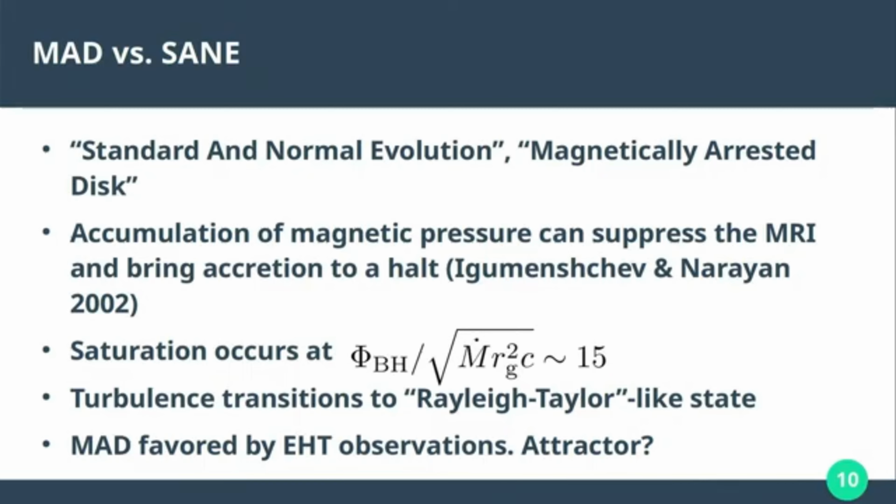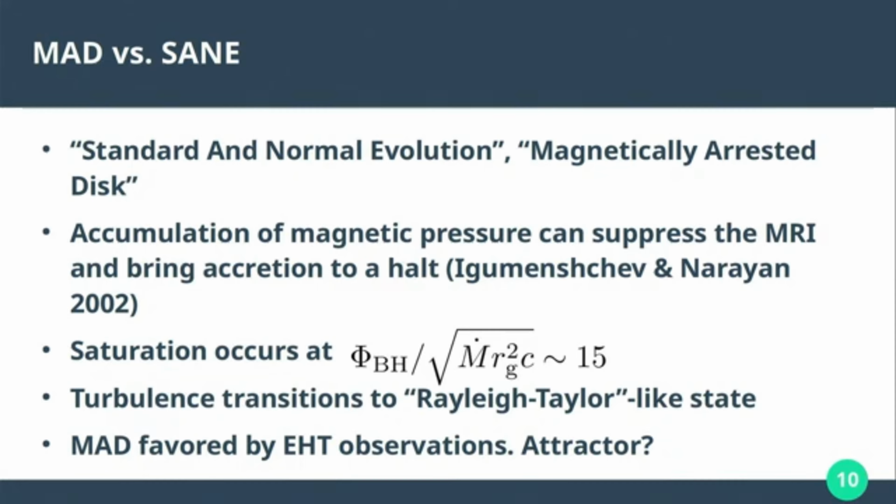This is magnetic flux, and in Lorentz-Heaviside units, this happens when the ratio between the magnetic flux and the square root of the mass accretion rate is around 15. This is what I just said, that this is a bit similar to the Rayleigh-Taylor instability, but I will show you this in the next slide.